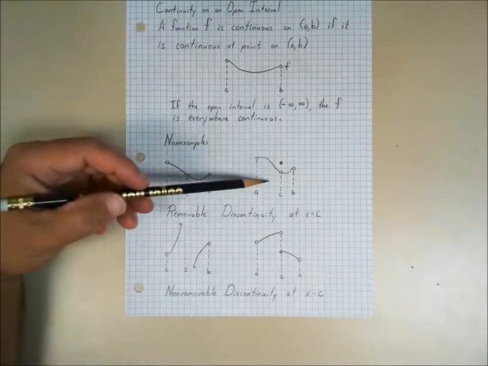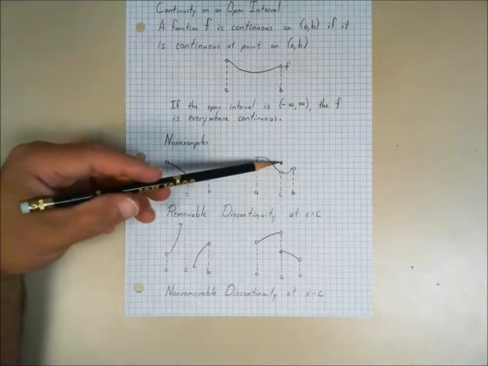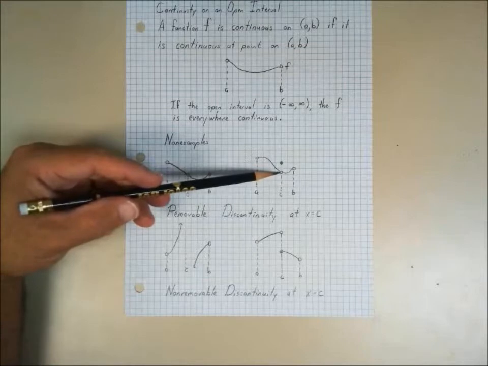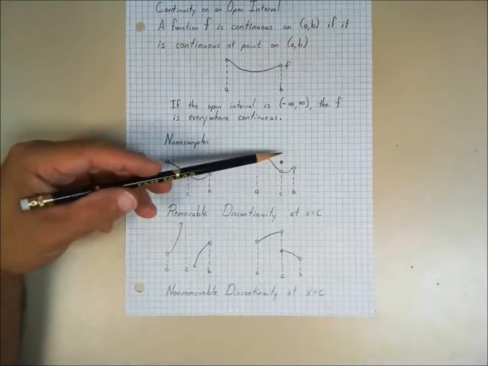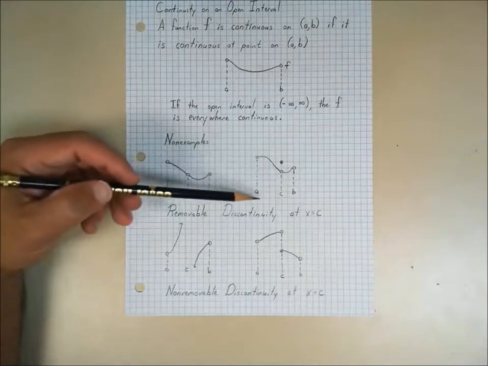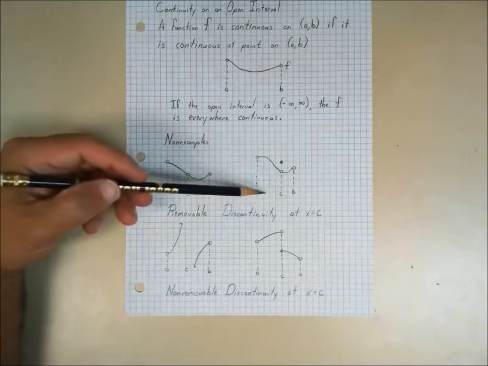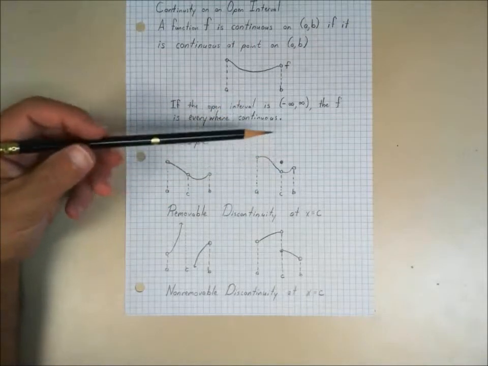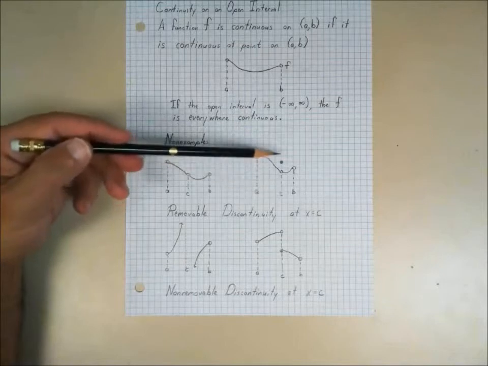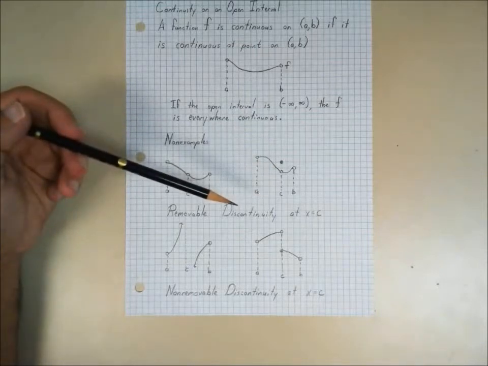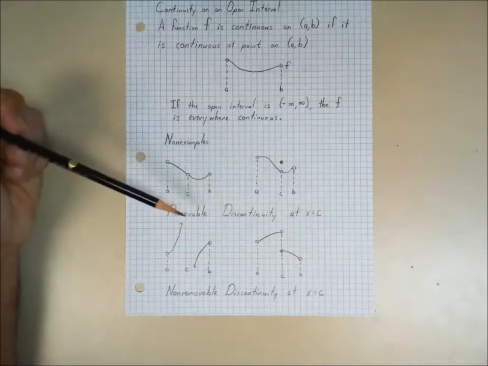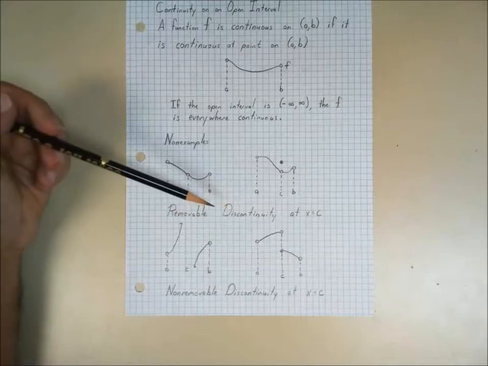On the next one, it's the same thing, because even though you have a closed circle above it, if you change that and make the closed circle there instead, with everything else staying the same, then you have a continuous function from a to b.